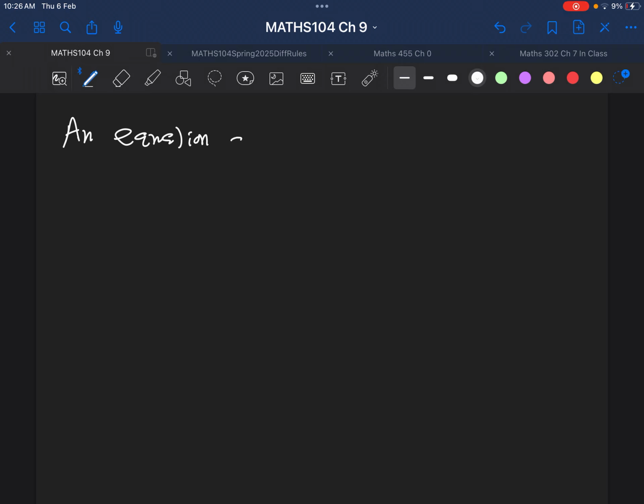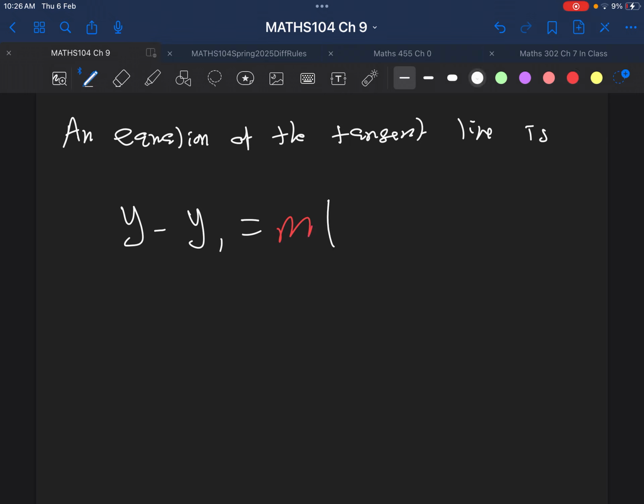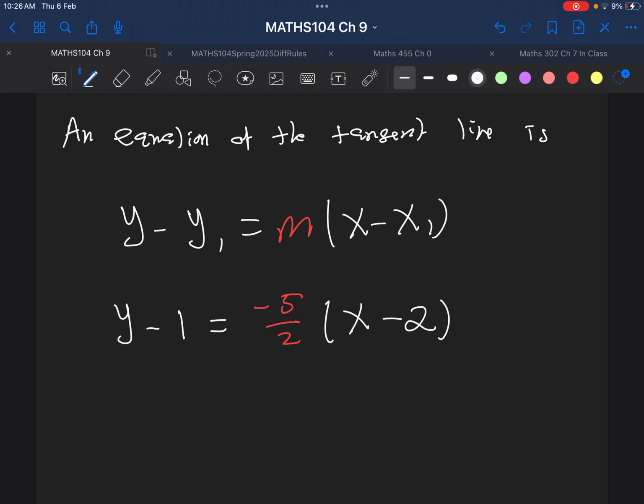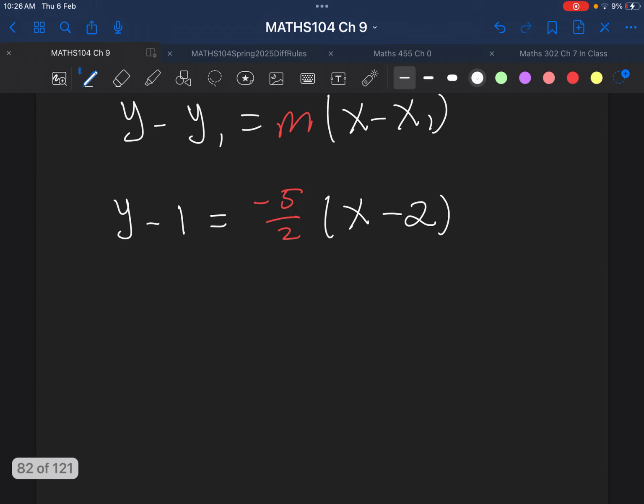So, an equation of the tangent line is y minus y1 equals m times x minus x1. y1 was 1, m was minus 5 over 2, x minus 2, where x1 is 2.